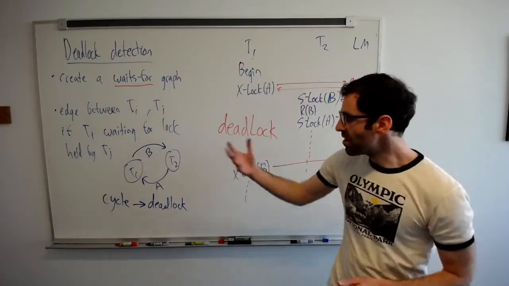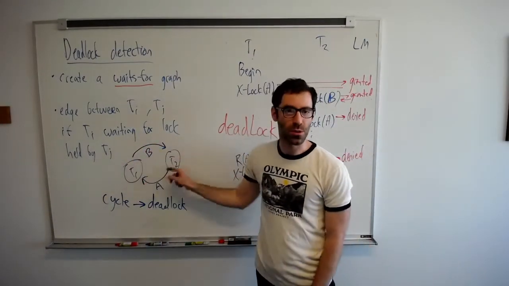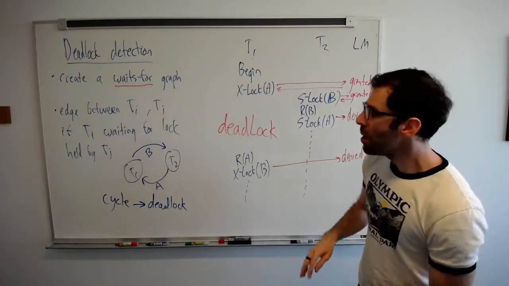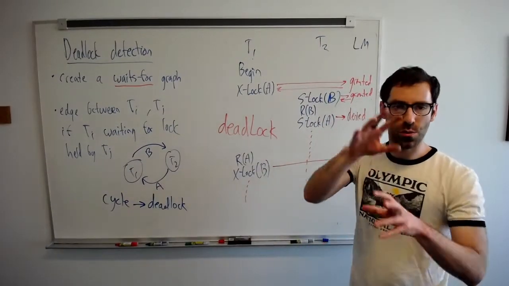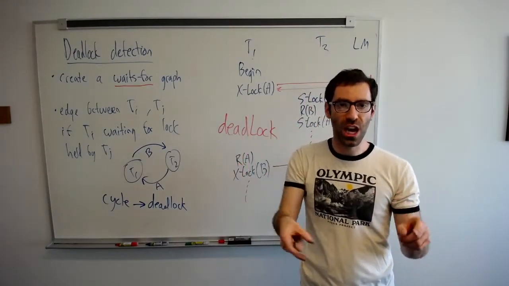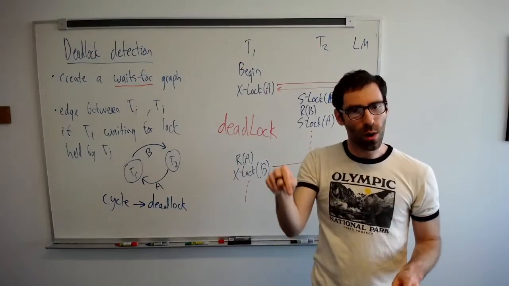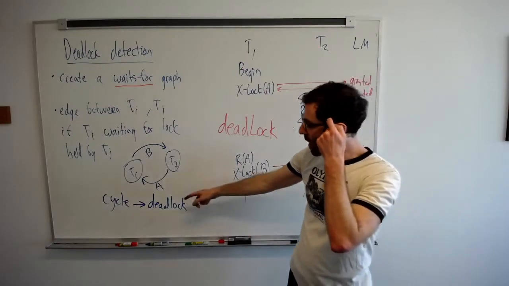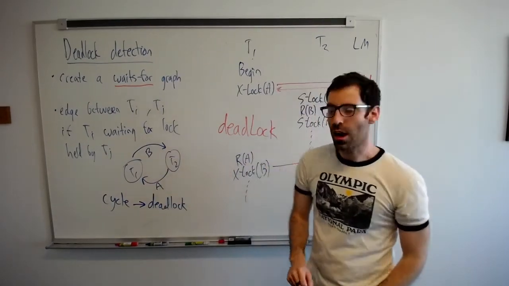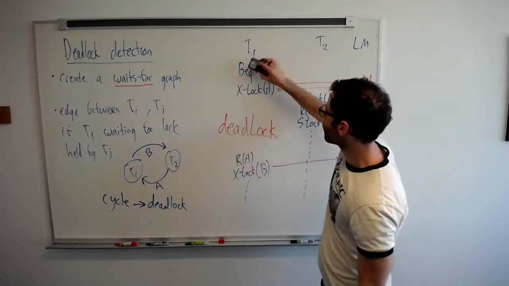And in this case, it's a cycle just between two nodes, but we could also have a situation where there's a whole kind of chain of transactions all waiting on each other, and that will still show up as a cycle in this graph.